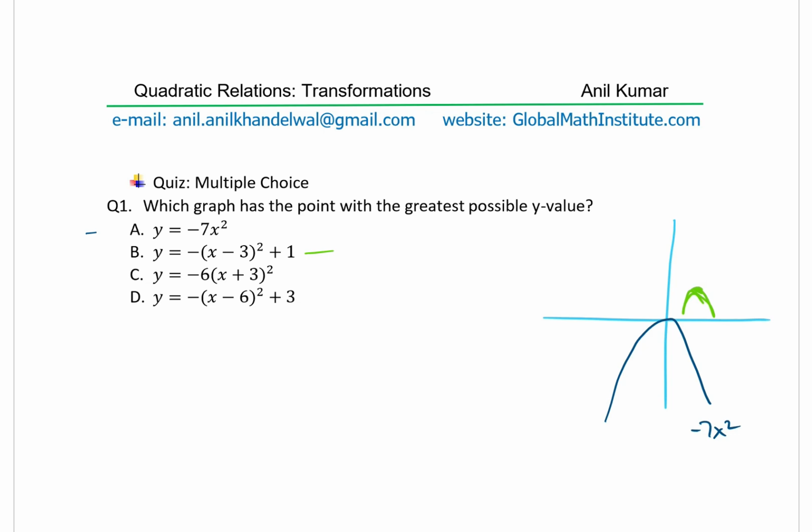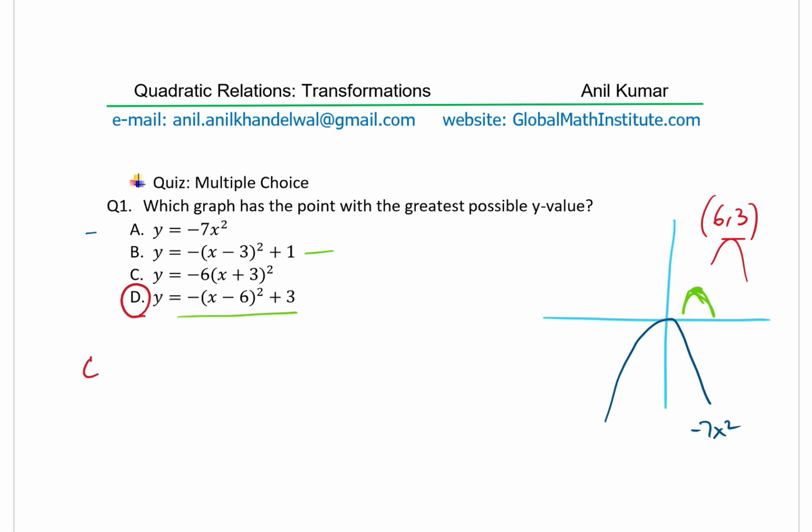Now if I say in this particular graph plus 3, what does that mean? That means this particular graph will be moving down from this position whose vertex here is 6, 3. So that becomes the point which is the highest. Is that clear to you?